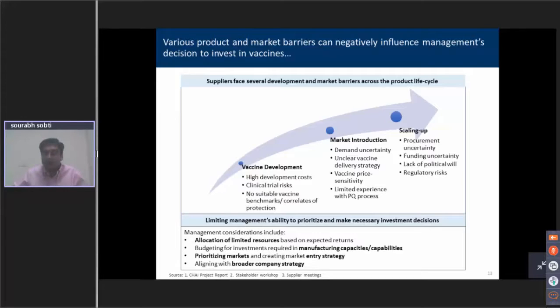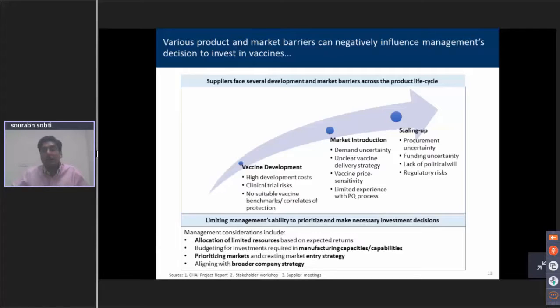There's also regulatory risks while scaling up. If the demand shifts, for example, we recently saw that the SAGE recommendation, which is Strategic Advisory Group on Immunization, suggested moving from a 3-dose of HPV or cervical cancer vaccine to a 2-dose. So suddenly, if there was a demand for about 100 million doses for a certain vaccine, the demand moved down to 66 million doses.